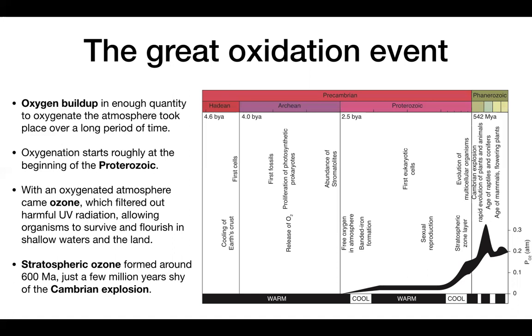This major transformation created Earth's tertiary atmosphere, after the first atmosphere that was vaporized by solar winds following planetary accretion, and after the secondary atmosphere that was released by volcanism and protected by the magnetosphere during the Hadean.